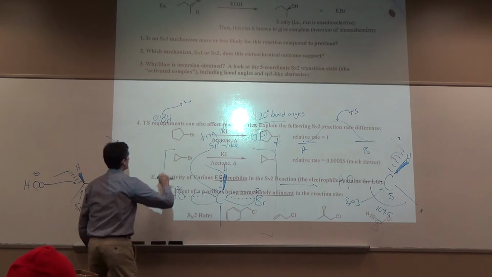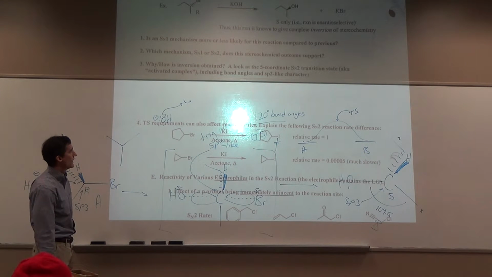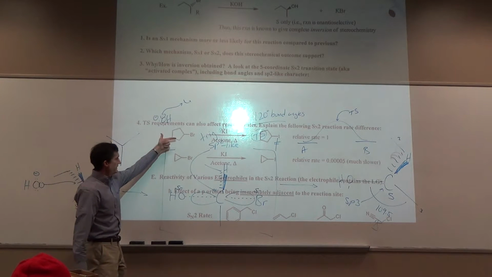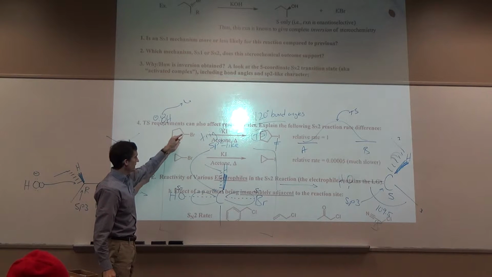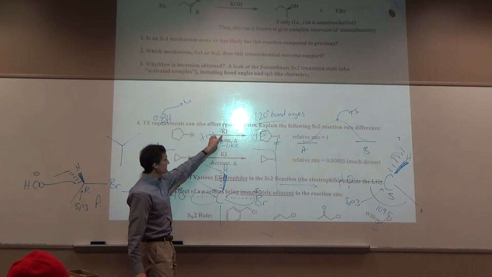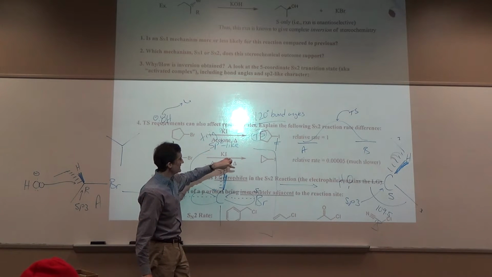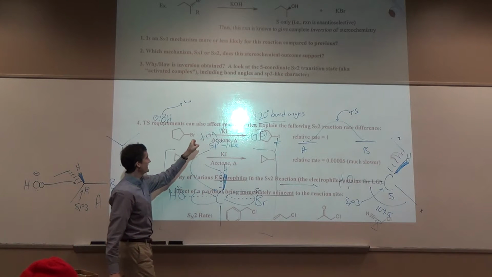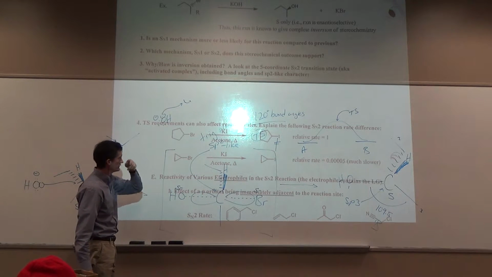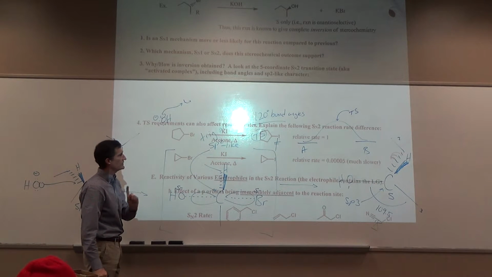Look at these two reactions here. If you take this alkyl bromide, it's a ring, and this alkyl bromide, react it with potassium iodide. The iodine can replace the bromine. This is an SN2 reaction.